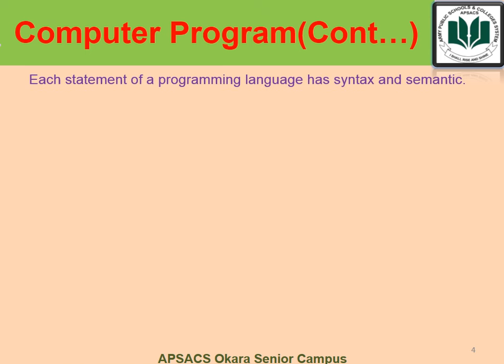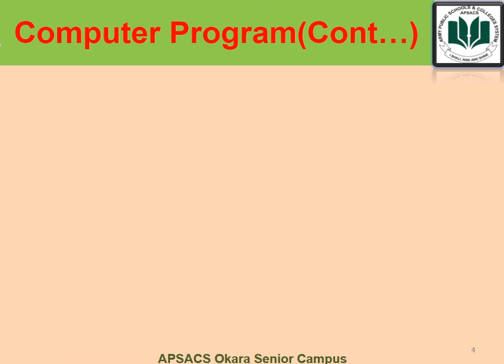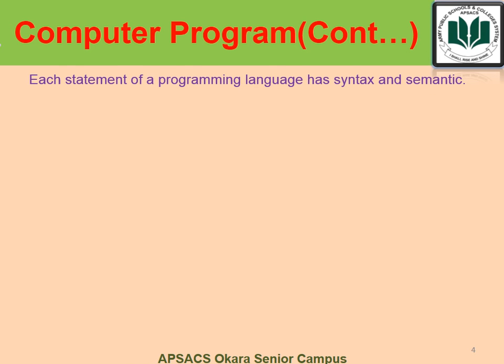So, each statement of a computer program has syntax and semantics. Same as in the English language, where we follow some syntax, some rules, we will be following syntax and semantics in the computer language as well. Syntax means the rules of writing the statements of the program, the rules by which we write the instructions of the computer program.